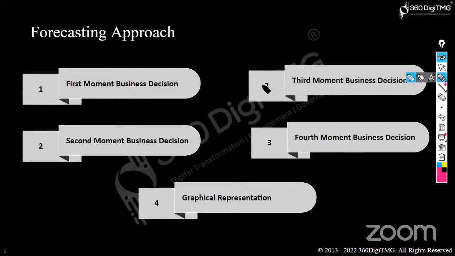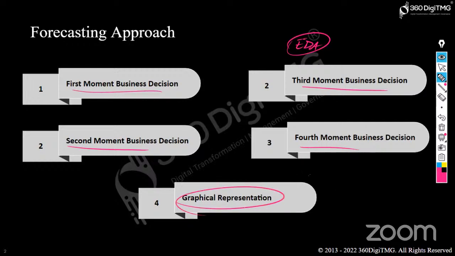When we talk about exploratory data analysis, we have several steps to be followed. First is the first moment business decision, second moment business decision, third moment business decision, fourth moment, and graphical representation. With graphical representation, we can understand what the data is telling.